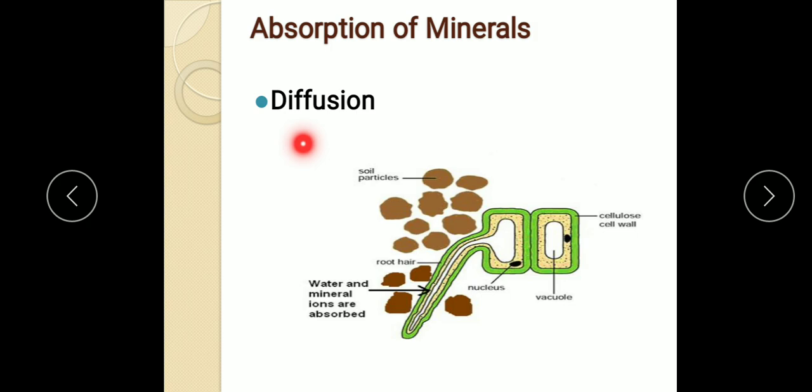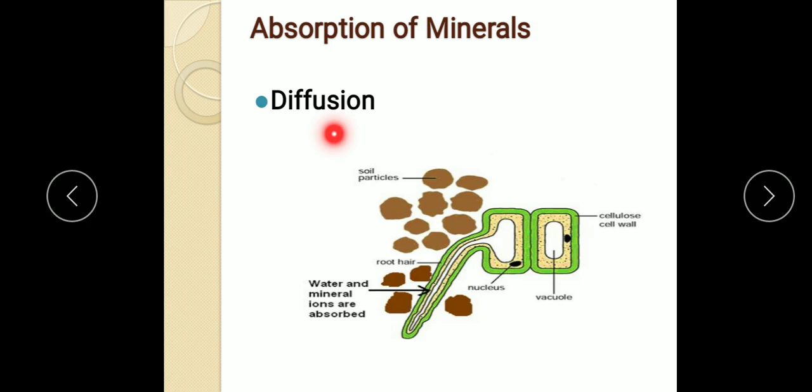In diffusion, the concentration of mineral molecules is higher in the soil than inside the root hair cells, just like osmosis. In osmosis, we have studied the movement of water molecules from the region of their higher concentration to the region of lower concentration through the semi-permeable membrane.